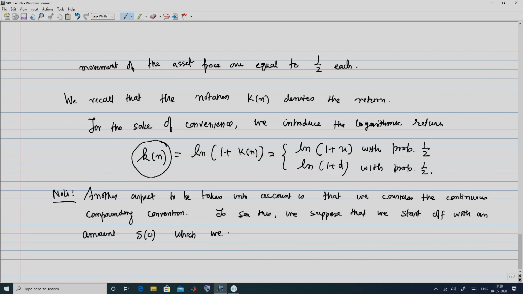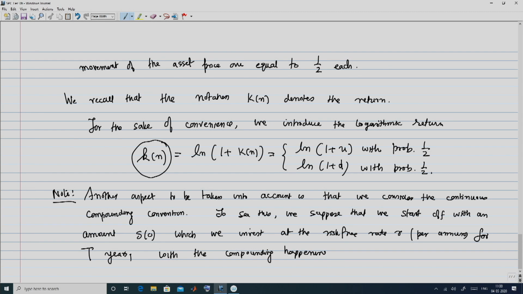which we invest at the risk free rate or the rate of the bonds R per annum for say t number of years, and with the compounding happening m times a year.